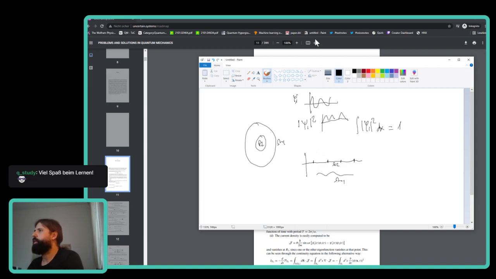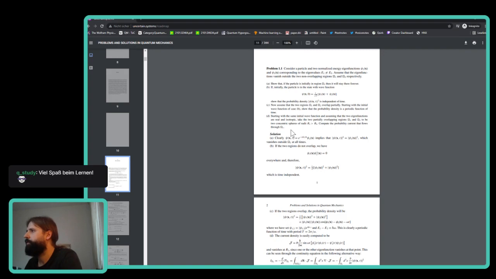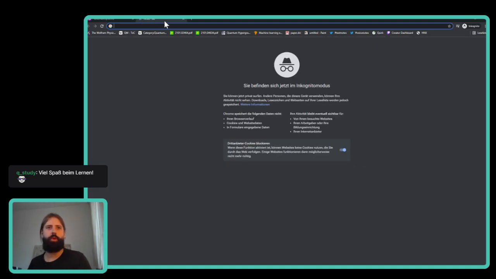Now here comes the question: what does it mean for the two eigenfunctions to be real and isotropic? Real means they're not complex. Isotropic, I don't remember. I guess the exercise always gives you information that helps you find the solution.